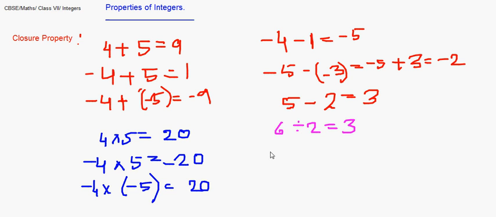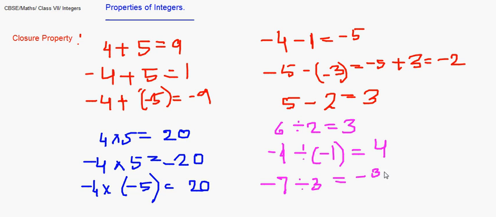If I am dividing two negative numbers, I am also getting an integer. If I divide one negative with a positive, I am not getting any integer, right? It will just be 3 point something, so it will not be an integer.